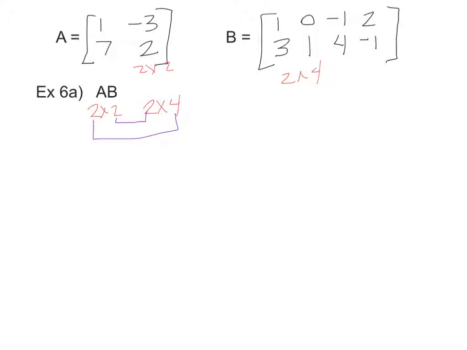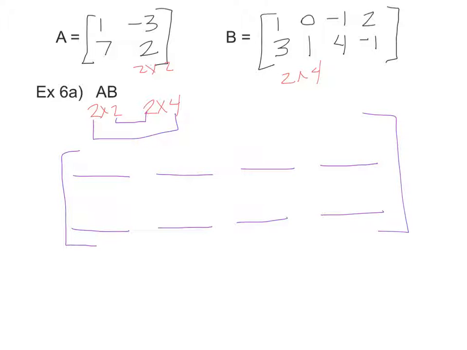So 98% of success in mathematics is organization. So whenever I'm going to multiply these together, what I do, and you're going to have to make them big, you're going to make this new matrix of this 2 by 4 because we're going to do our work within each one of those pieces. What I have found is that if students make this nice big matrix, it keeps them organized and then they can see what's happening because this is what goes down.